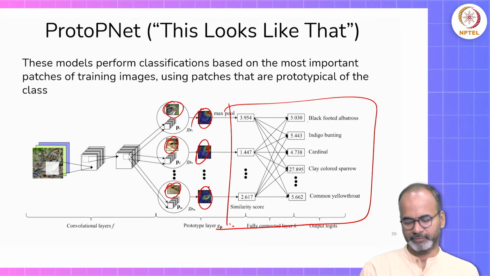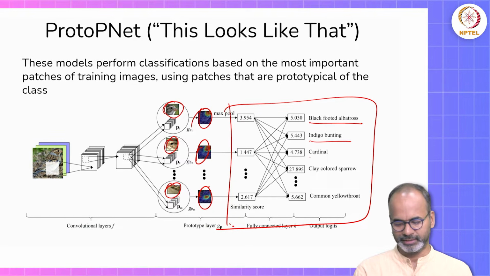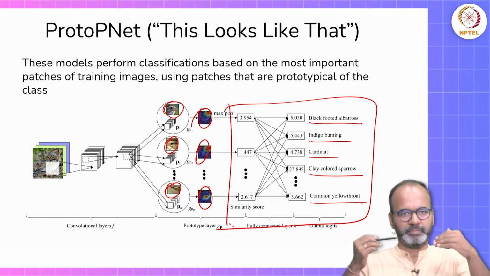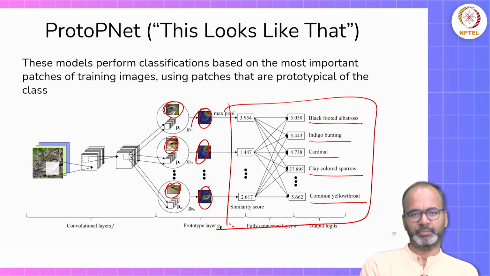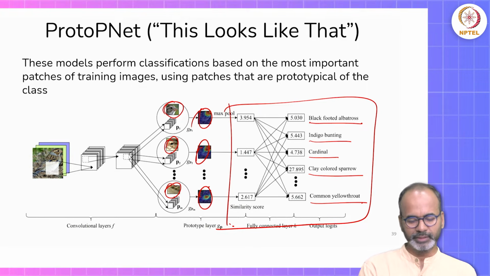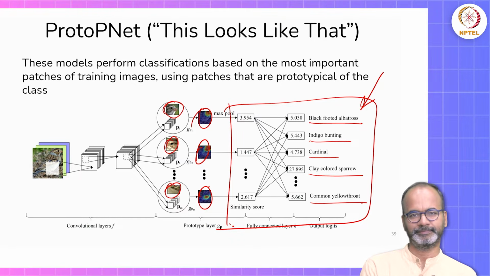Using that, you can find that, oh, this is black-footed albatross, this is indigo bunting, this is cardinal, this is clay-colored sparrow, this is common yellowthroat. Different parts of the image, and you can put them all together and get the bird's classification done. So you're getting a sense of how these models perform. Essentially, you're getting under the hood of the model and seeing how it does.